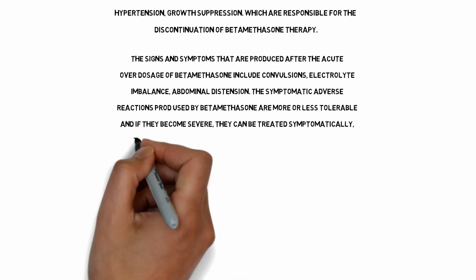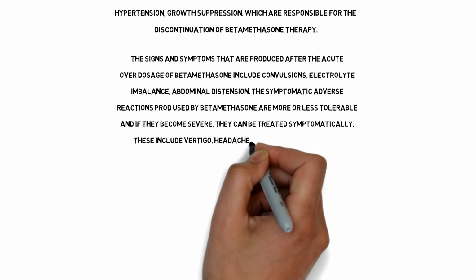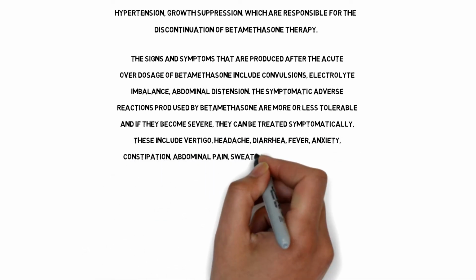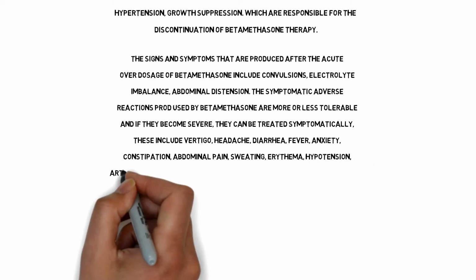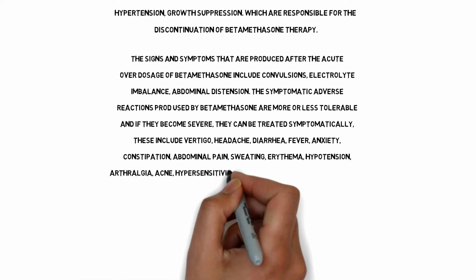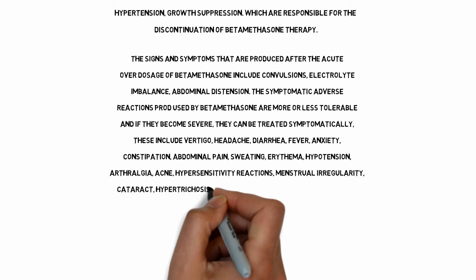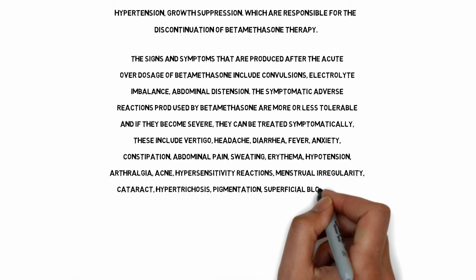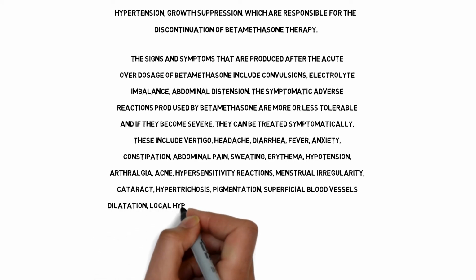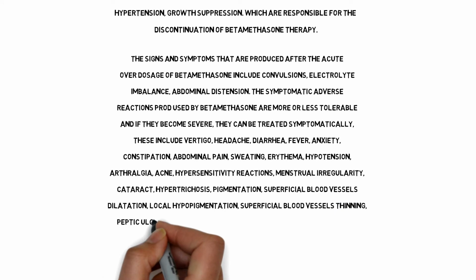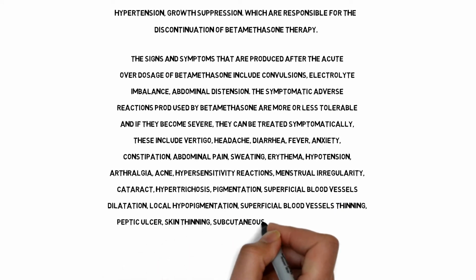These include vertigo, headache, diarrhea, fever, anxiety, constipation, abdominal pain, sweating, erythema, hypotension, arthralgia, acne, hypersensitivity reactions, menstrual irregularity, cataract, hypertrichosis, pigmentation, superficial blood vessels dilatation, local hypopigmentation, superficial blood vessels thinning, peptic ulcer, skin thinning, subcutaneous atrophy, ocular changes.